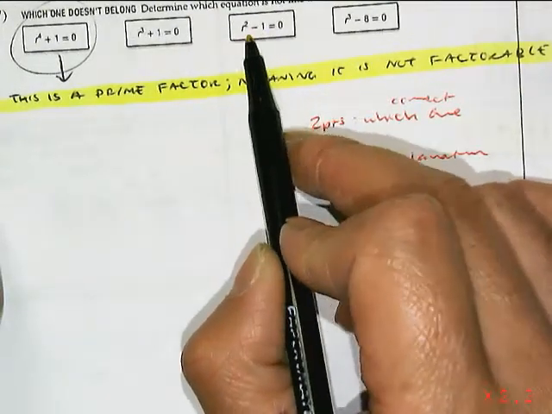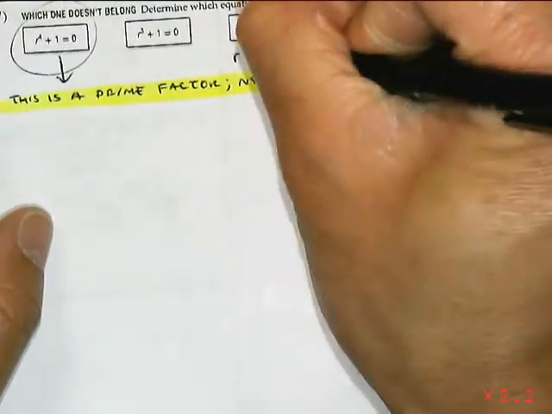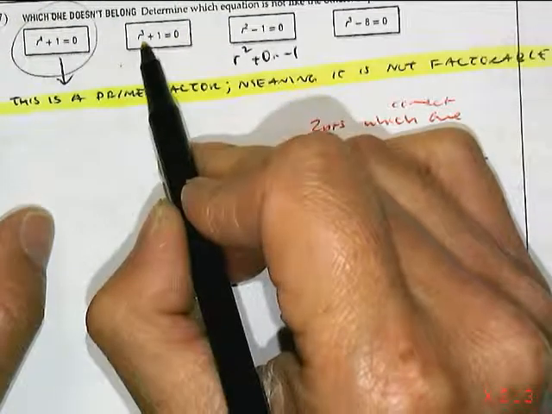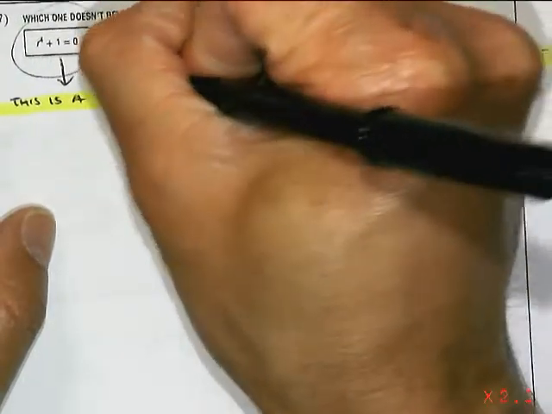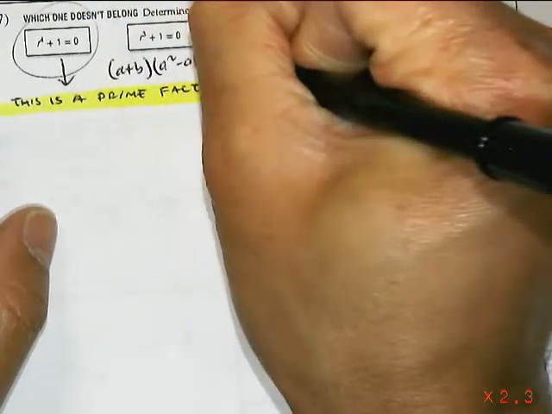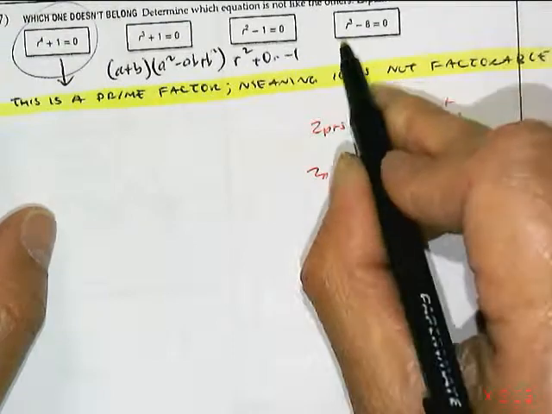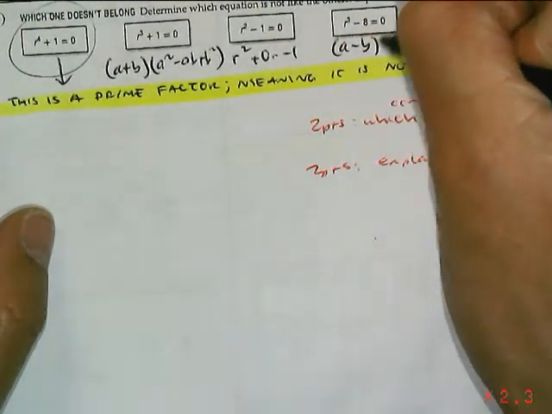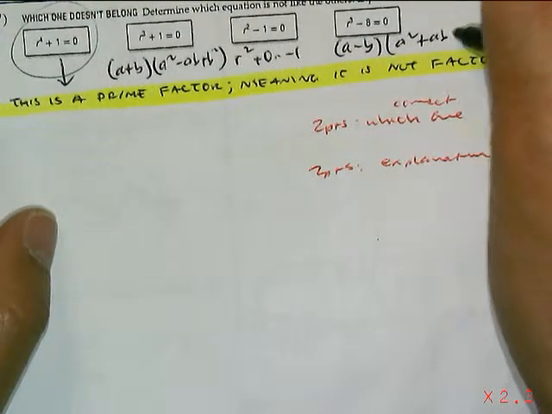This is called a difference of squares. You could have just written plus 0 or minus 1, same thing over here. This is the one where you need your equation, a plus b times quantity a squared minus ab plus b squared. Same thing with x to the third minus 8. You could have factored that one. That was a minus b, a squared plus ab plus b squared.